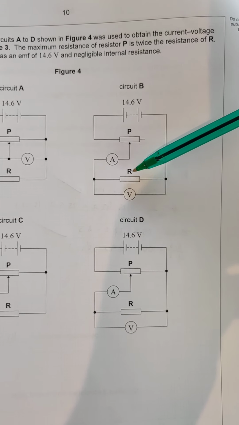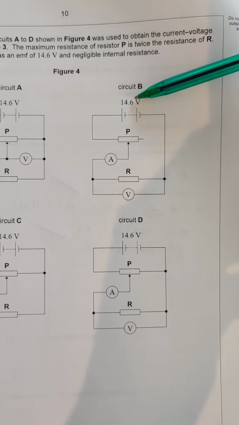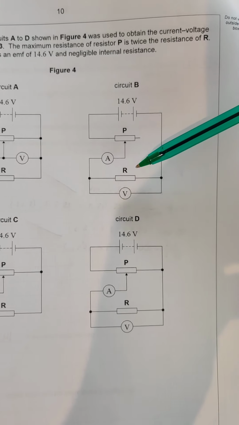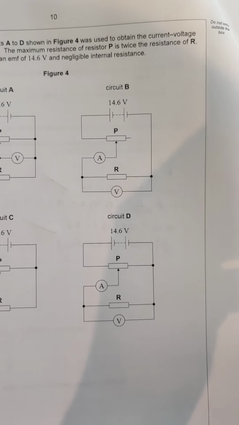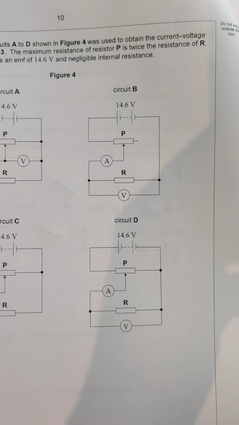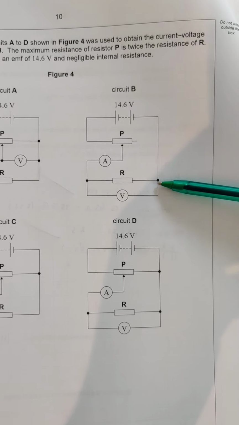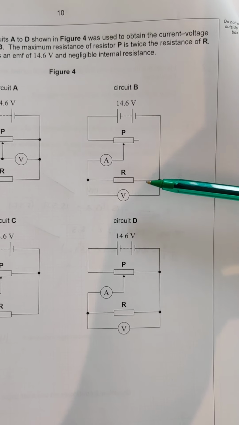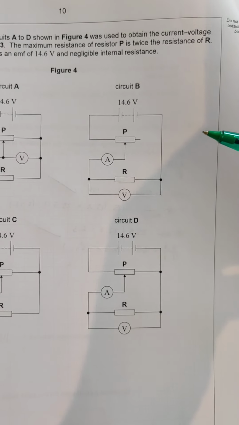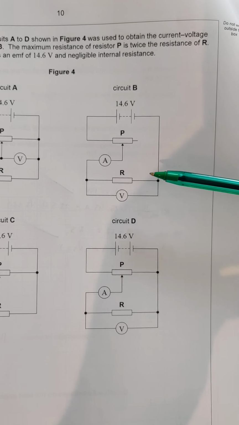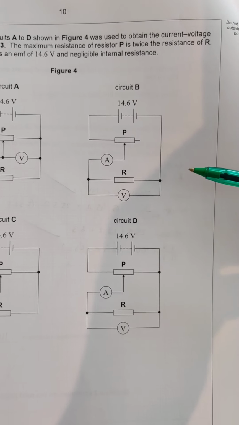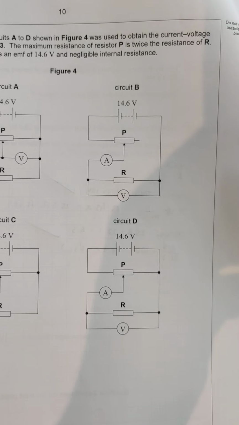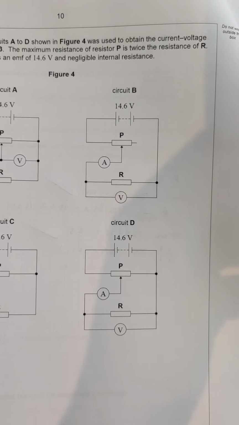The lowest value I'm going to get is going to be a third of that, so around about 5 volts across R. Now, our data does go down further than that, so B hasn't been used to produce that. Because you need to split that voltage up between the two resistors, and you won't be able to arrange that with a lower voltage than 14.6 divided by 3, basically.